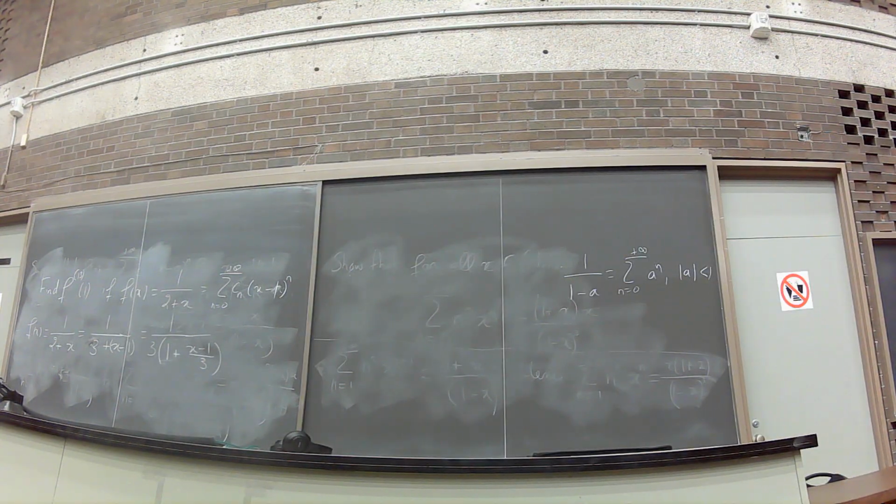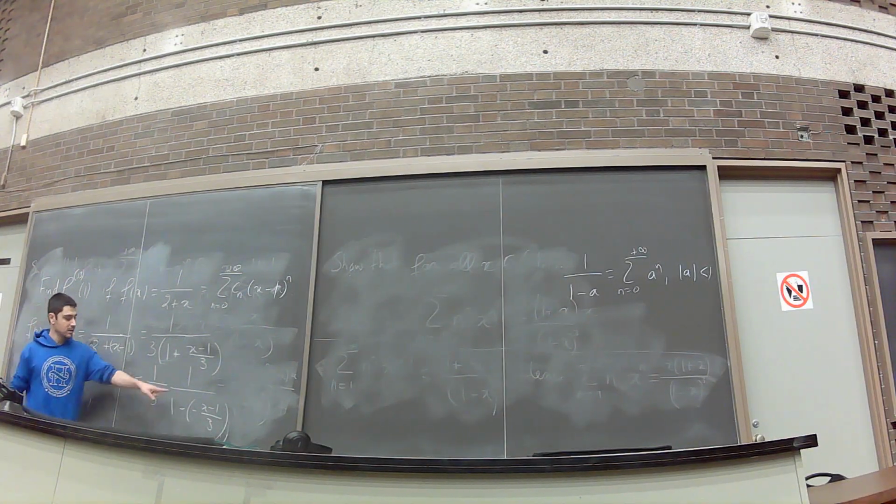Let me write this way. It's 1 over 3 times 1 over 1 minus x minus 1 over 3. Now I can apply the geometric series formula in x minus 1 over 3.